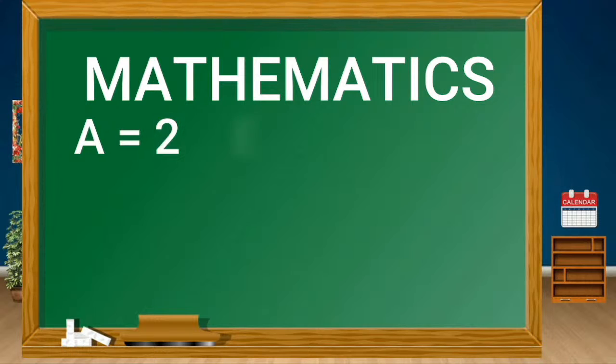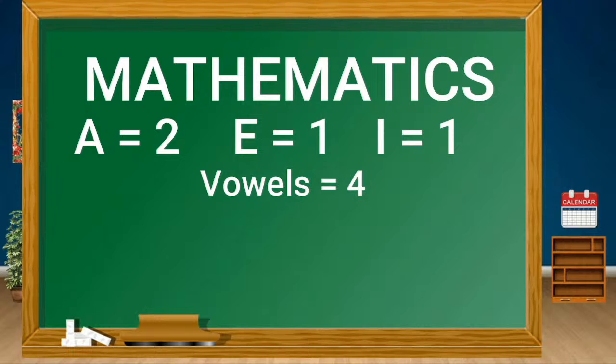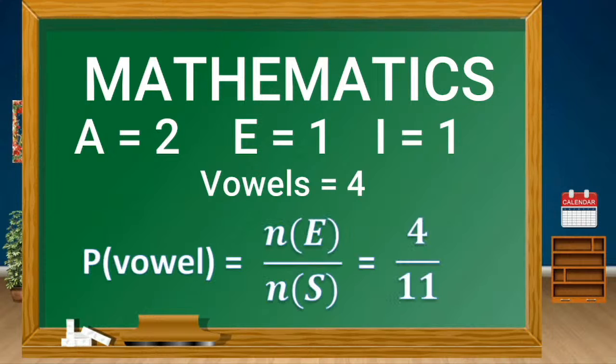We have 2 A's, 1 E, and 1 I. So the total number of vowels is 4. To compute the probability, we have 4 over 11.